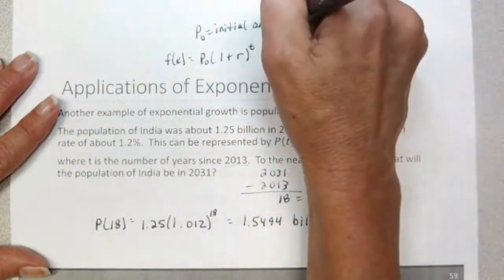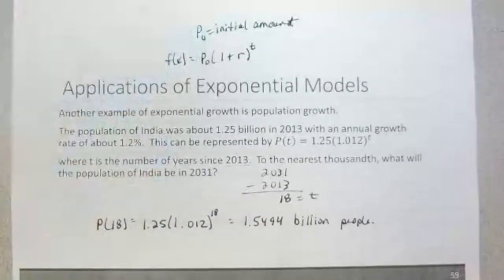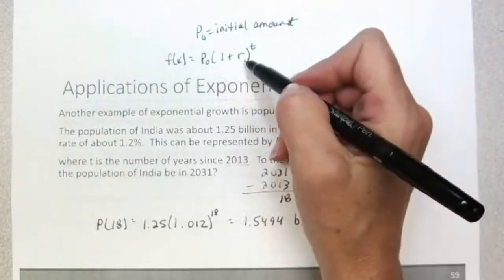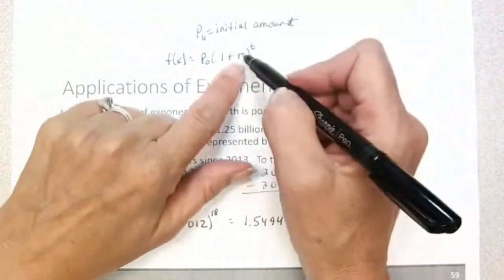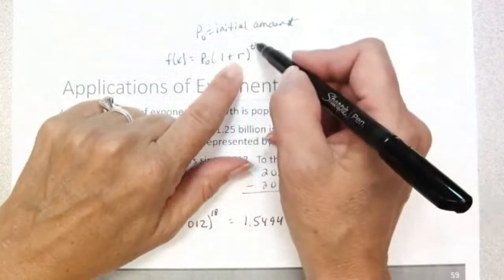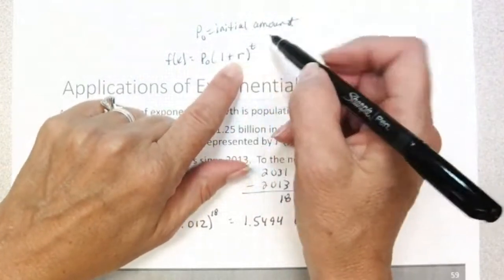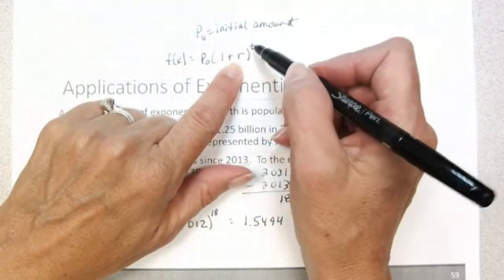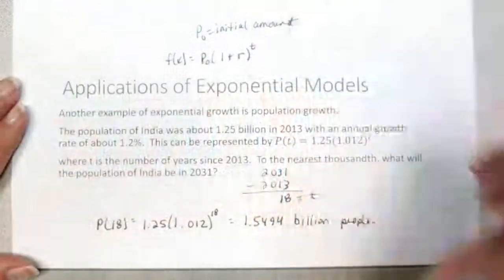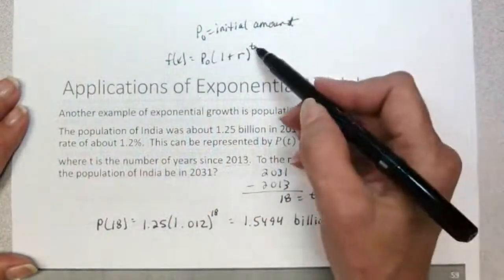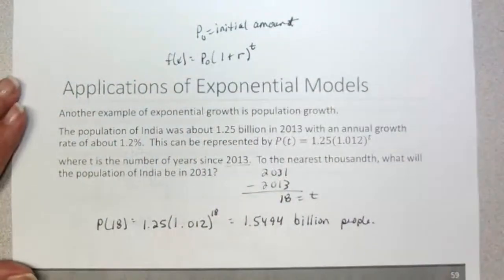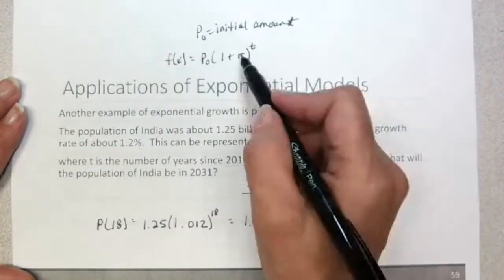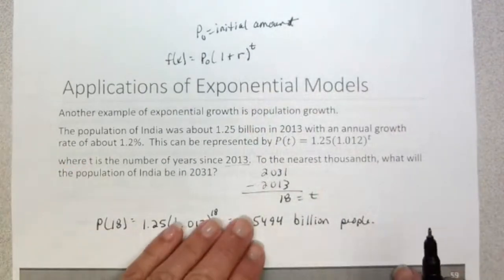Sometimes you'll see that as A sub 0, times 1 plus the interest rate, or plus the growth rate, raised to the number of units of time that our model uses. Here we were using years for unit of time, and our growth was 1.2%. Of course, if we have a decay rate, this R is going to be something negative.